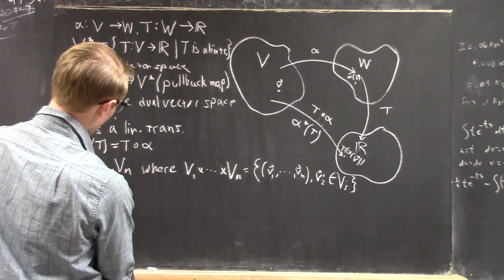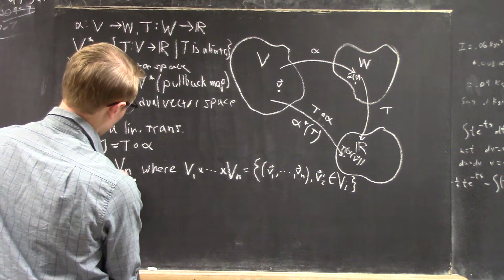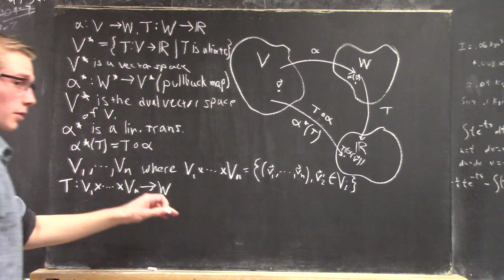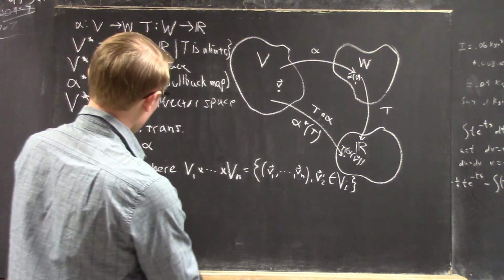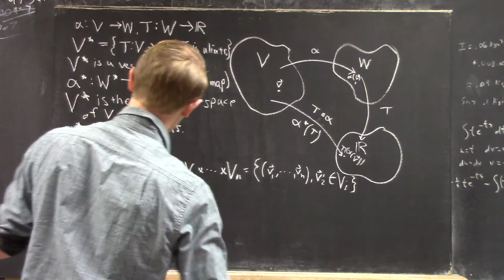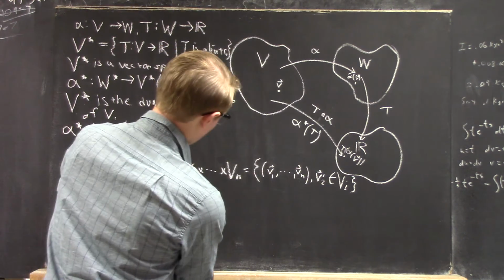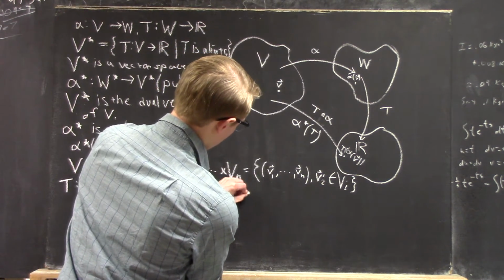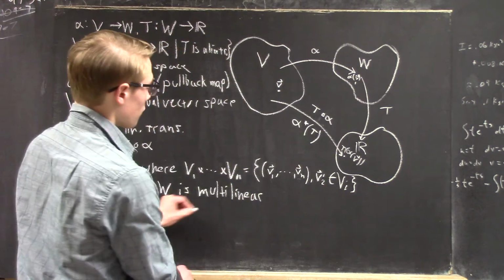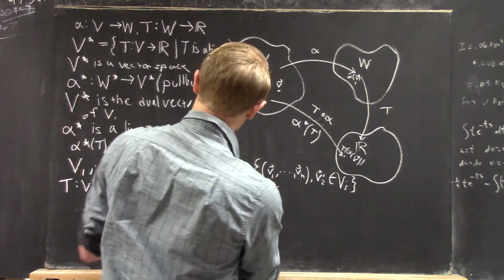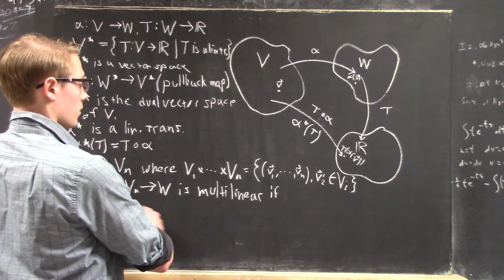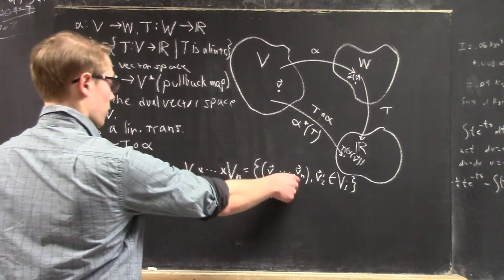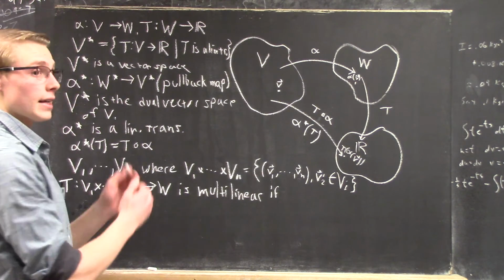We transform from that set V1 cross to Vn to some other vector space W. Well, this transformation is multilinear if each component, i.e., each operation of addition and scalar multiplication in this transformation, is linear.